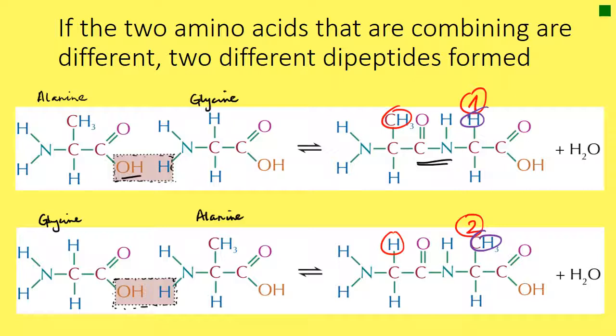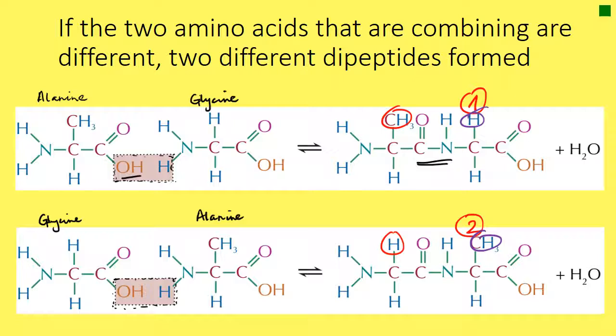And you see in this peptide link that's shaded out here, we're using the hydroxide from the carboxyl group of alanine, and the hydrogen from the amino group of glycine, and they form this peptide link here, and we've got a dipeptide that's illustrated here on the right hand side.